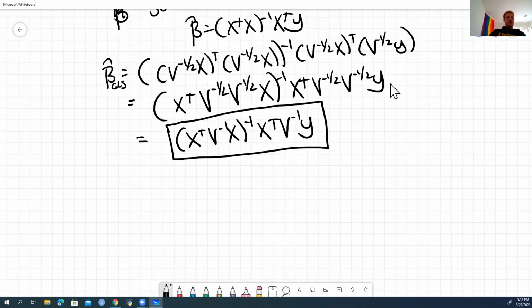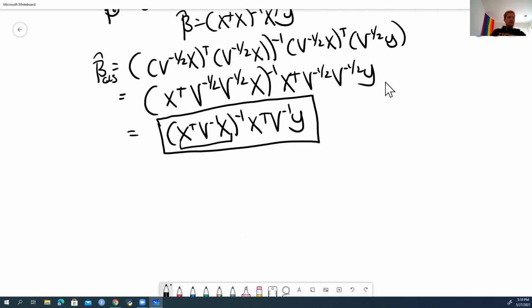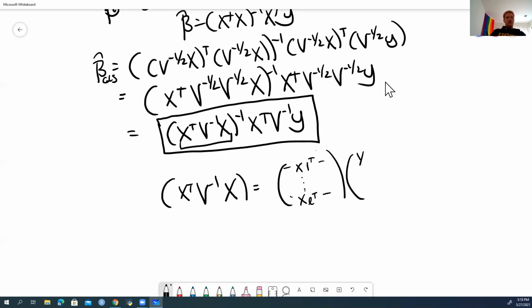And you actually can simplify this further. Let me explain why. If we look at x transpose V inverse x, and V inverse is just 1 over the diagonal entries.